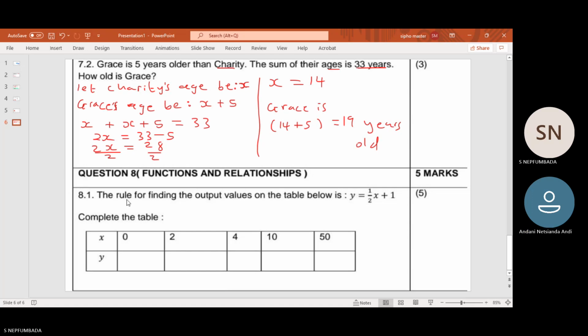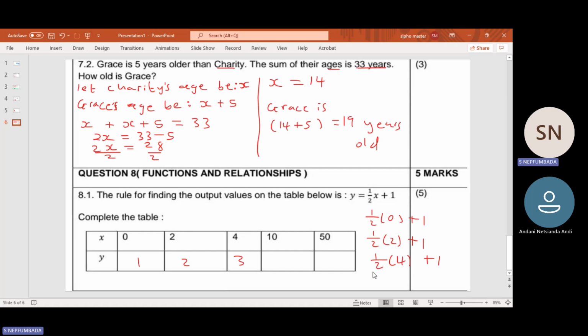They say the rule is finding the output of the table. It means here where they say x, when we plug 0, what do you get? Get 1. When you plug 2, what do you get? Get 2. When you plug 4, what do you get? Get 3.